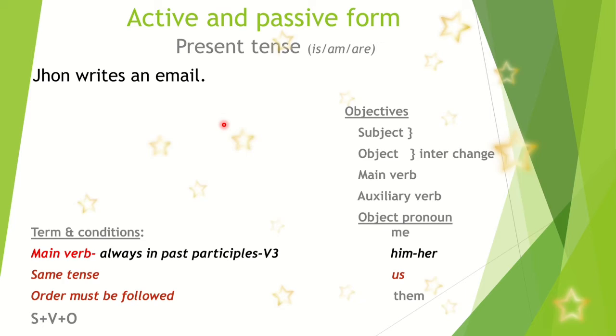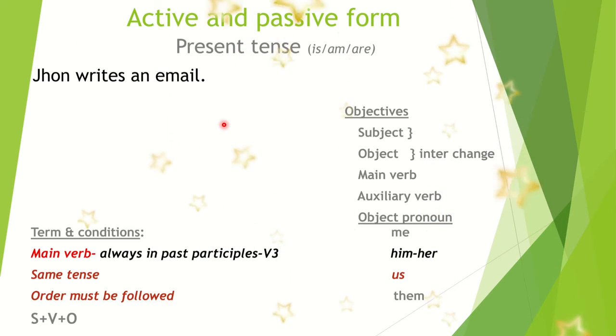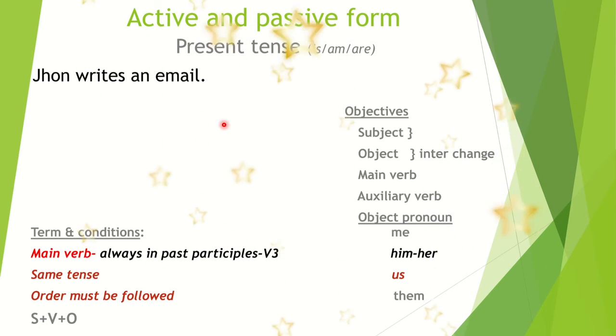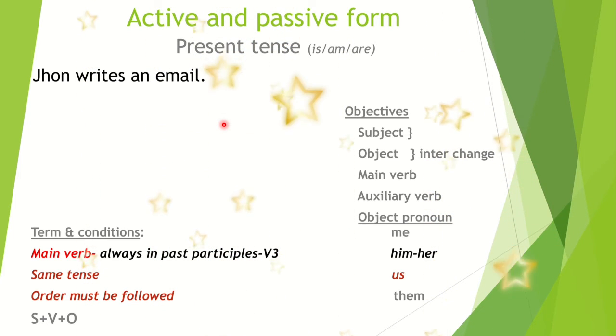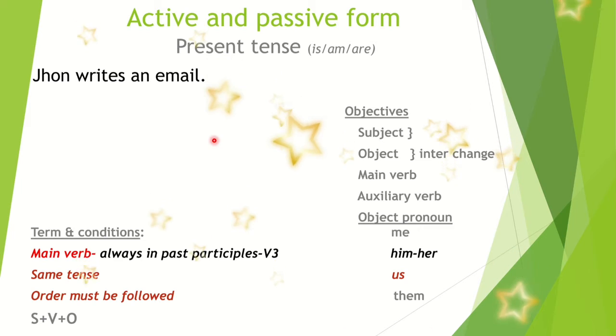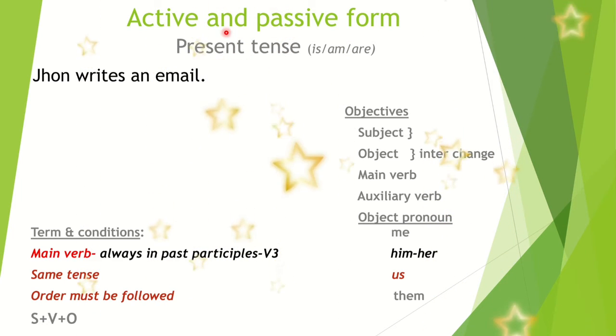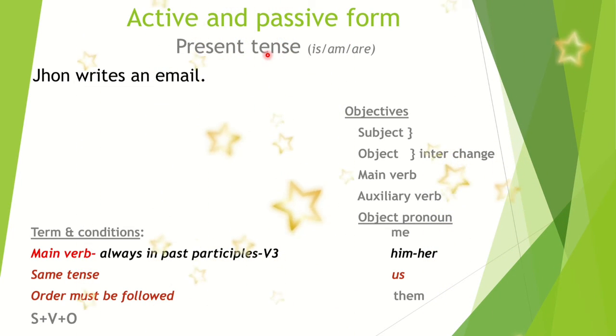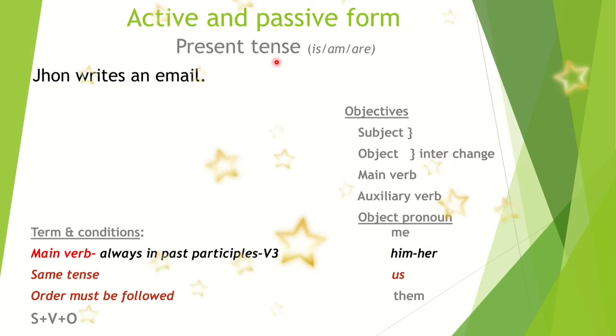Or if your active voice sentence is in the past tense, then you should also form a passive voice in the past tense only. Okay, not like indirect and direct speech.